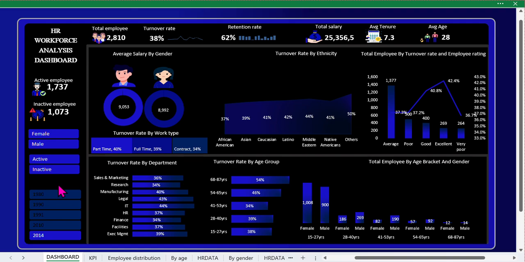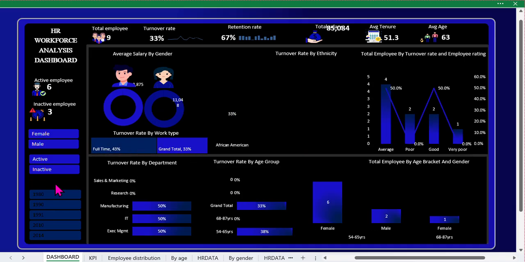Now, if you go ahead and slice to 1970, I think this is when this company started. They had a total employee count of 9 persons as of 1970, so it was really a small company, and they still had a turnover rate of 33% and a retention of 67%.